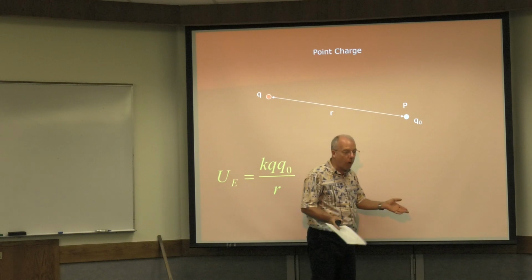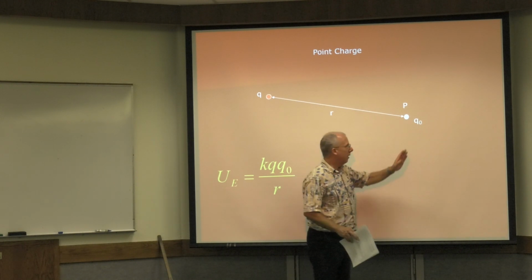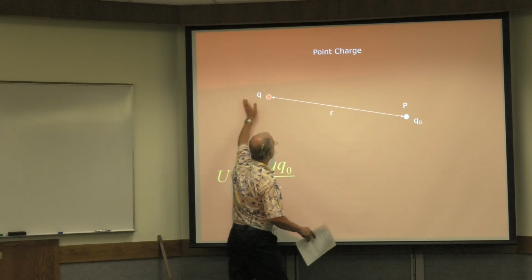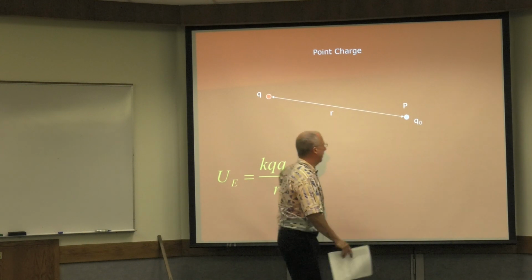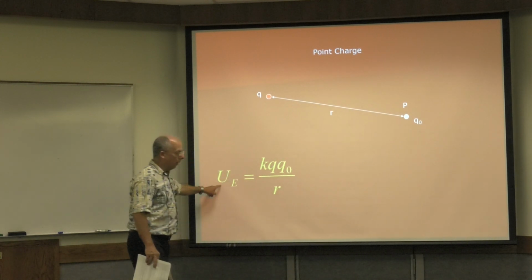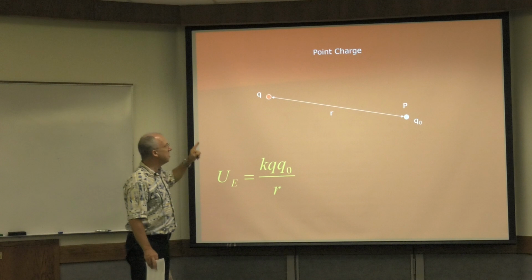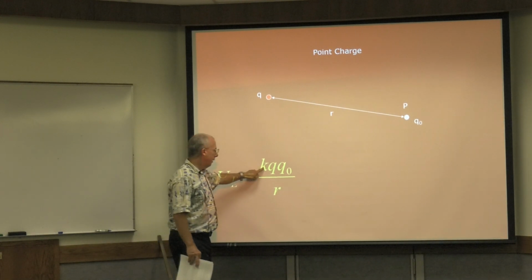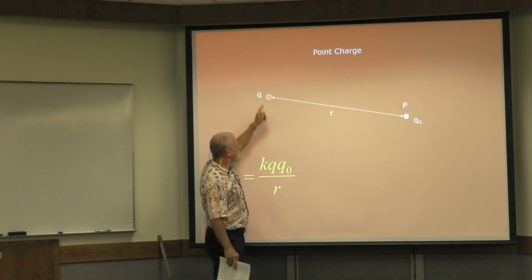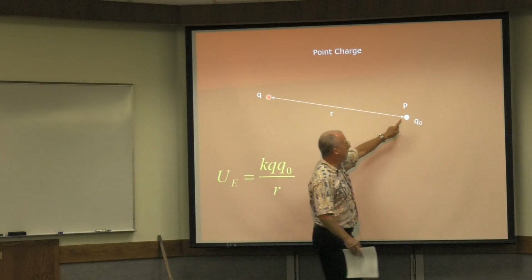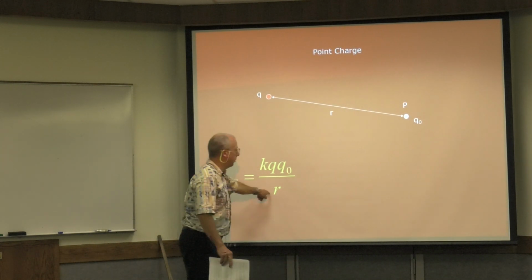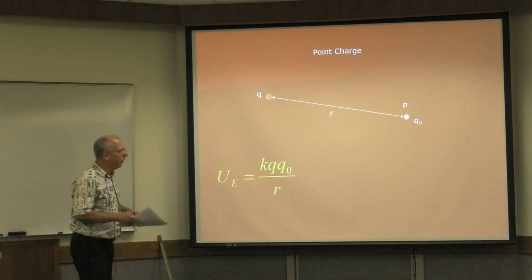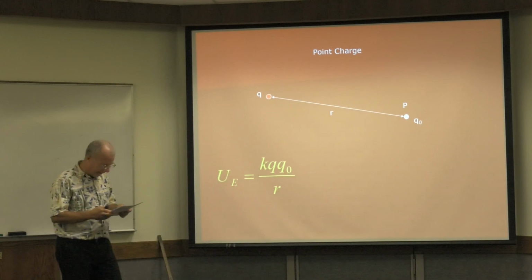It will feel a force, but we don't care about that right now. So the system has potential energy. This is the formula for the potential energy of the system. So it's K, our good old friend K, the constant, and it's this charge multiplied by the probe divided by the distance between them. All right, so that's the potential energy of the system.